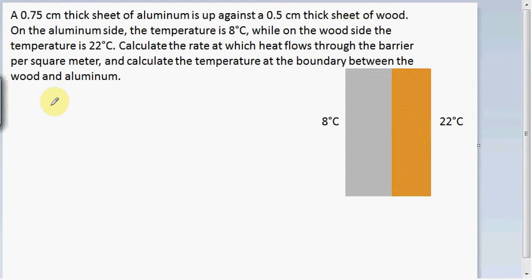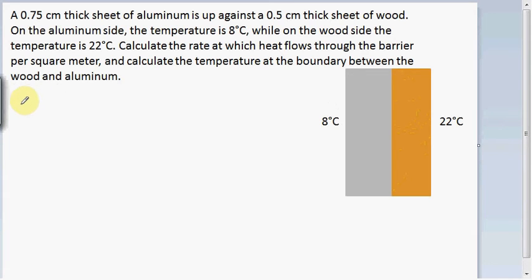So, first off, when we're dealing with heat flowing through a succession of materials like this, we basically use our heat conduction formula that's got the R values in it.